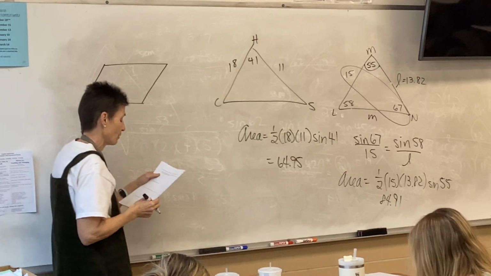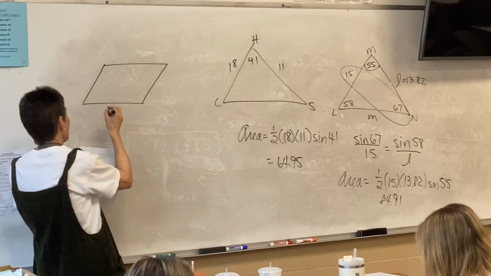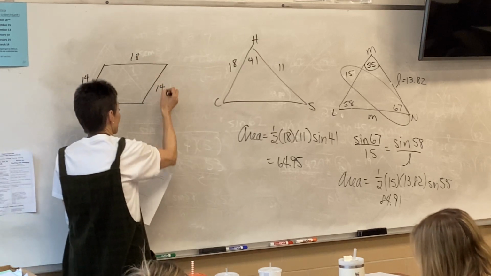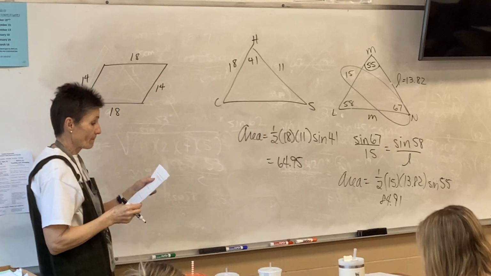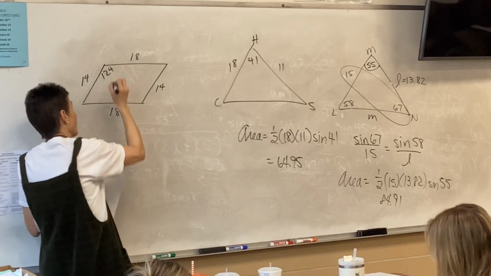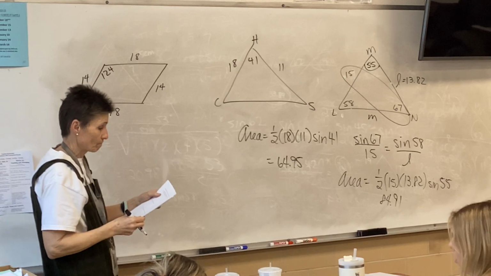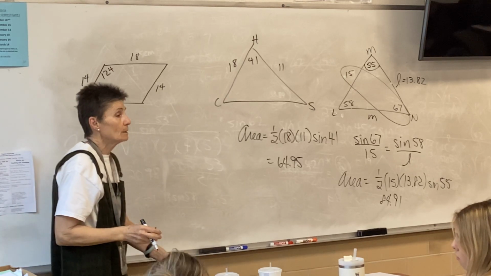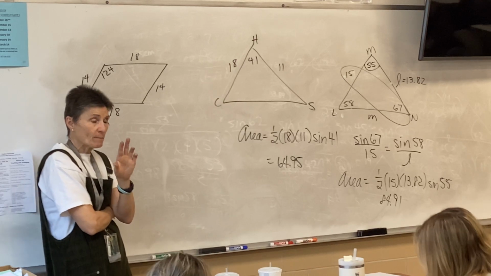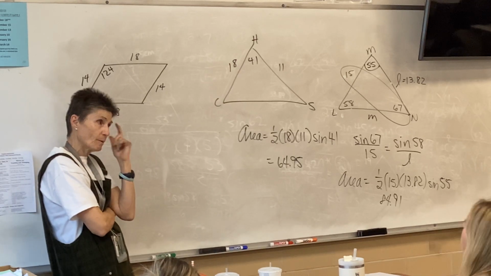We have a parallelogram whose sides measure 18 and 14. The larger angle is 124. Okay, a piece of information that's going to come in handy, you need to remember.